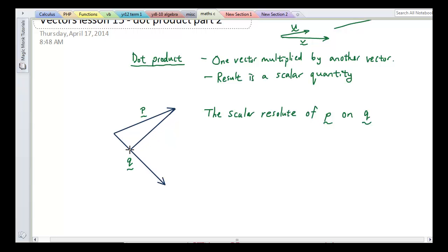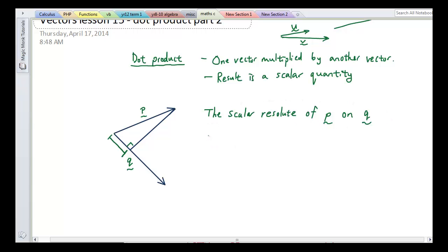So this looks like it's about perpendicular, and so essentially you're creating a right angle triangle, using vector p as the hypotenuse, and this amount here is the amount of vector p that is acting in the direction of q. Okay, and that distance is called the scalar resolute of p on q.